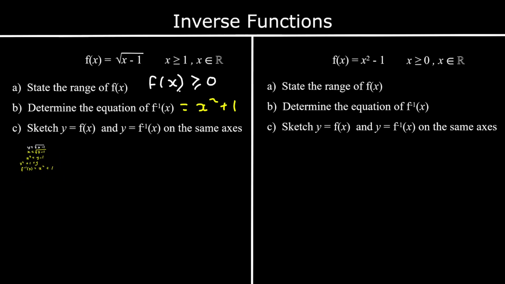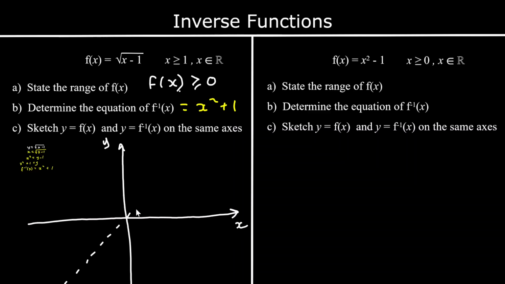Sketch them on the same axes. So again, our inverse function and our function are a reflection in the line y equals x. So there's the line y equals x. We've got x squared plus 1.